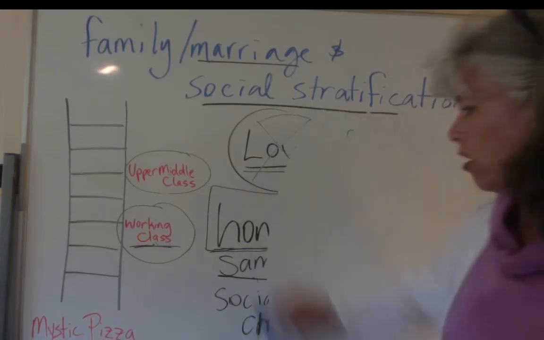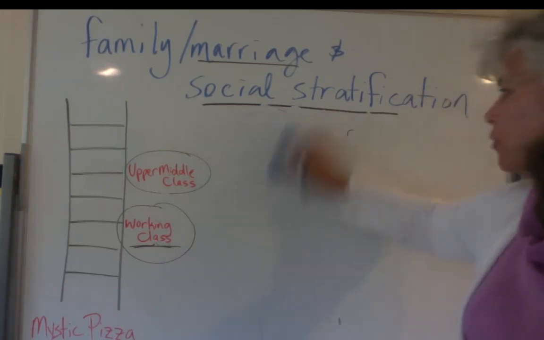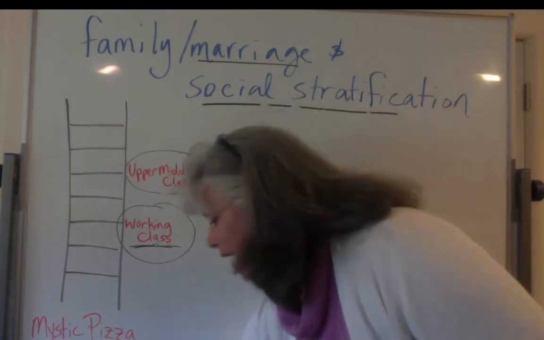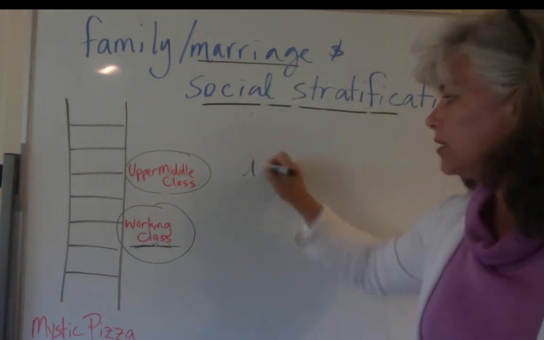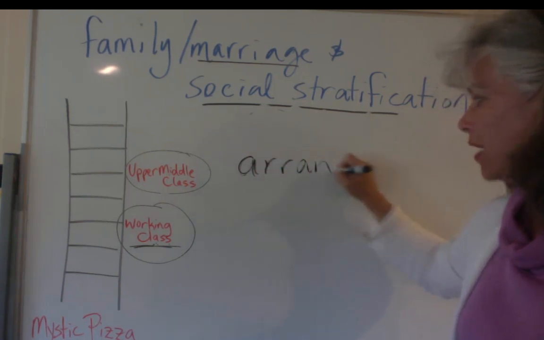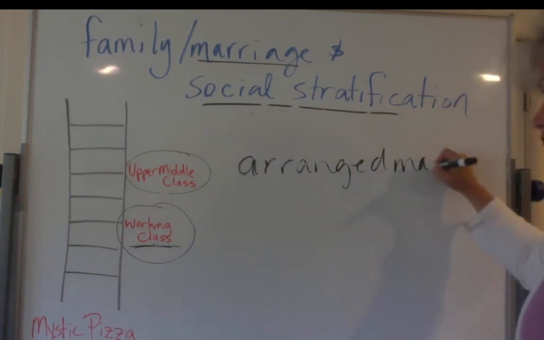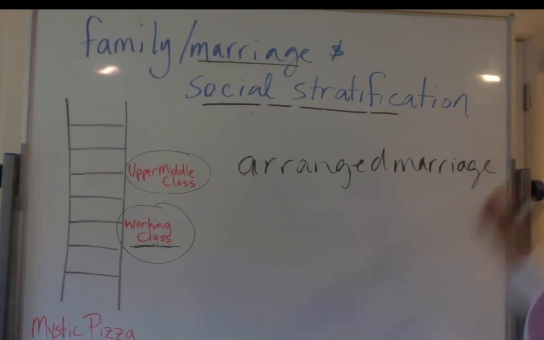Some of you are shocked that I would suggest that marriage could ever be an economic uplift mechanism. However, in a lot of areas of the world, arranged marriage is the norm.